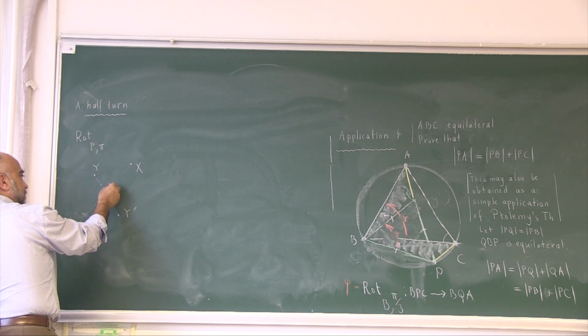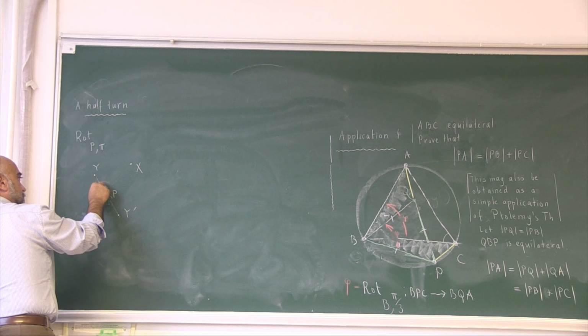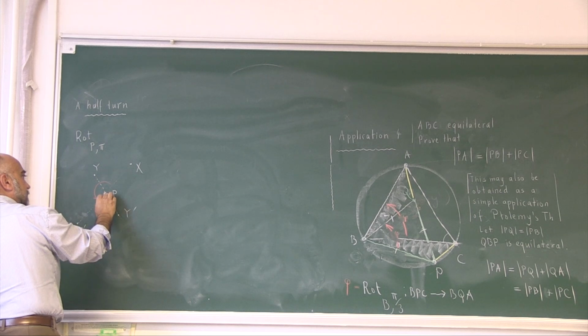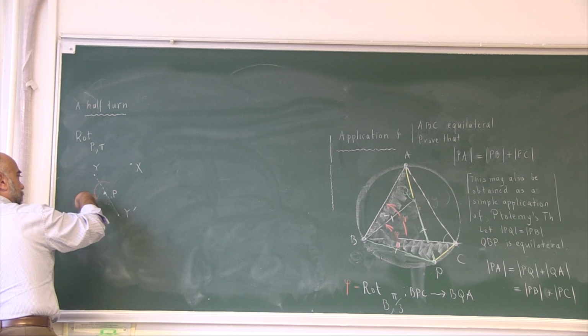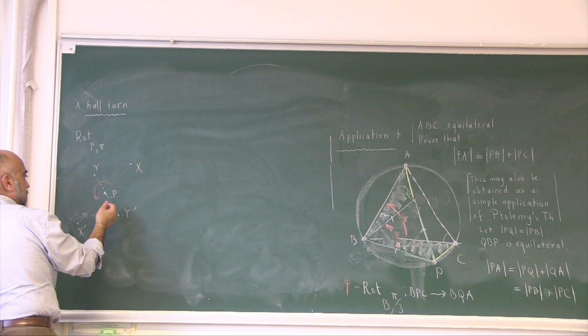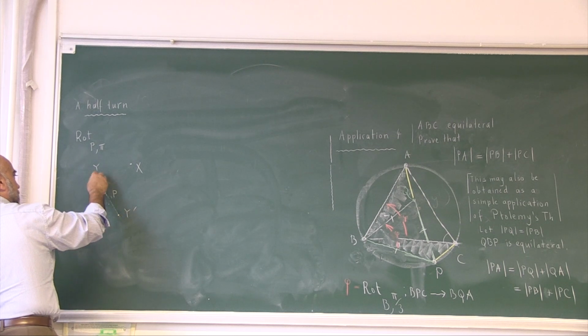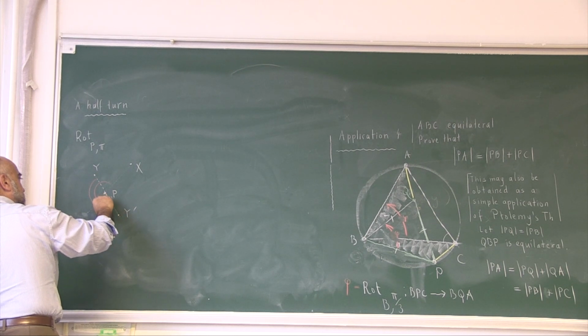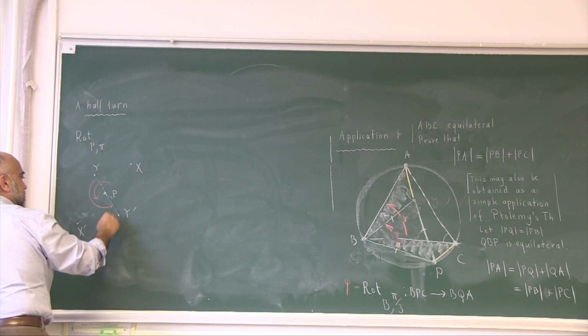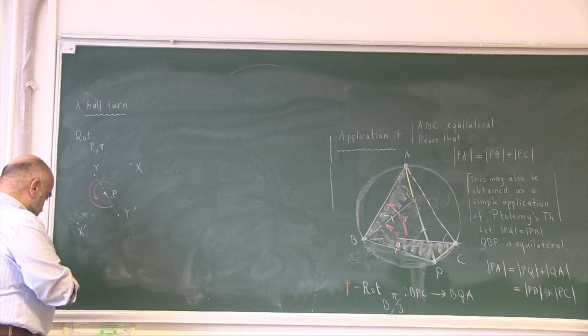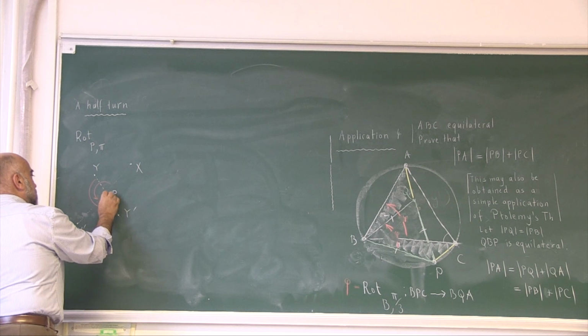Of course, its very definition is that you are rotating the line segment PX through 180 degrees. You are rotating the line segment PY through 180 degrees. So that's how we can look at it.